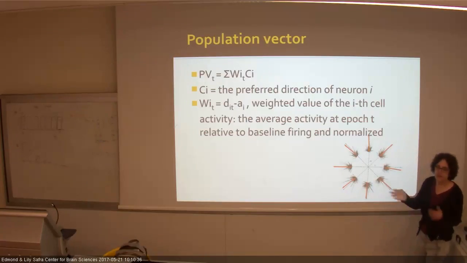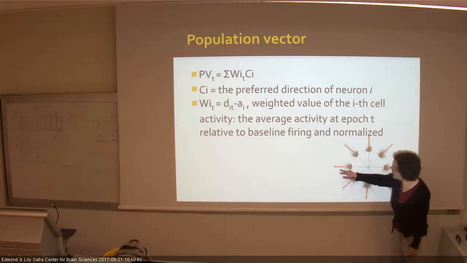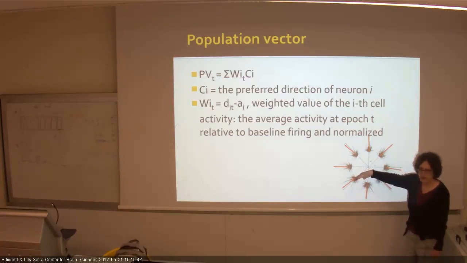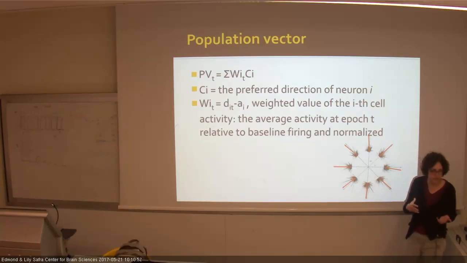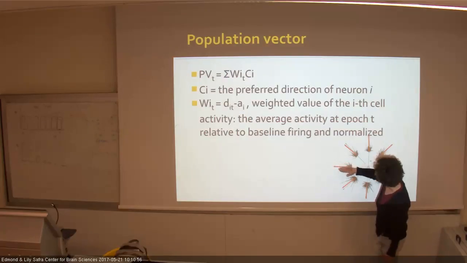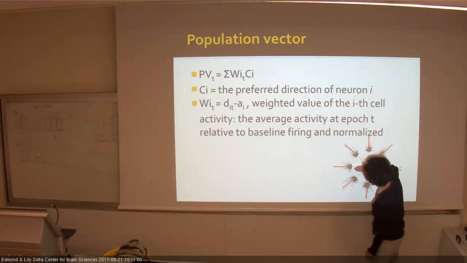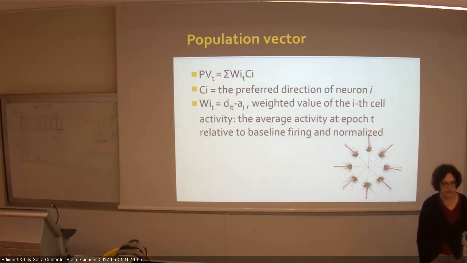Because directions are uniformly distributed, you have even numbers of lines pointing to directions above or below the movement direction, and these all cancel out. Only the summation of these vectors will generate a population vector that points to the actual movement of the monkey.